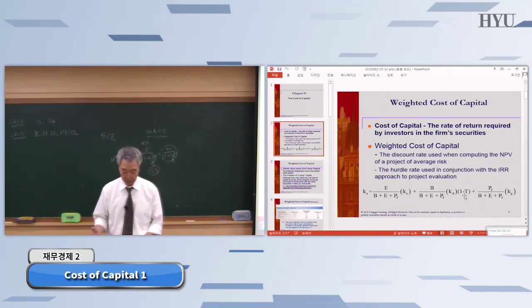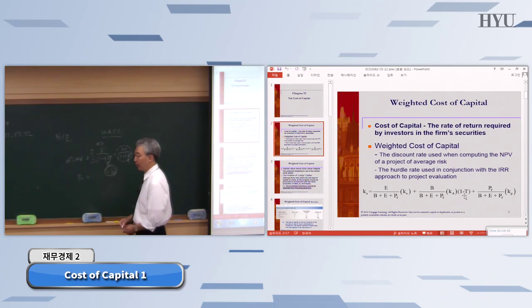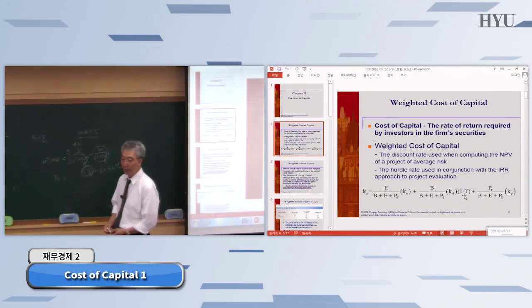So if the tax rate, for example, is 40%, then the cost of debt is actually only 60%. If the cost of debt is 6%, the actual cost is 6 times 0.6, which is 3.6%, okay? Because you're saving money from taxes, tax deduction.